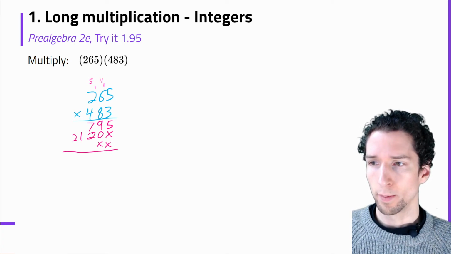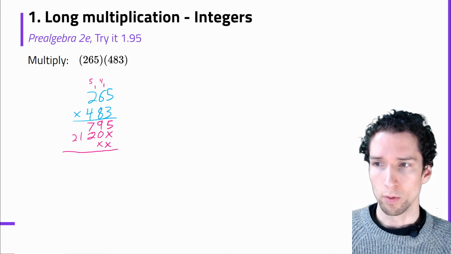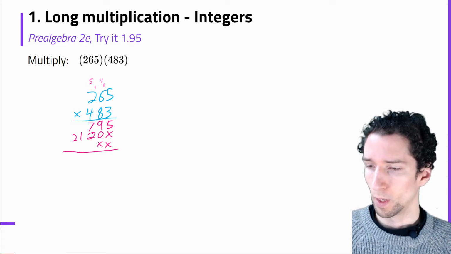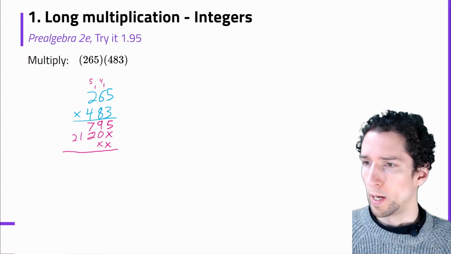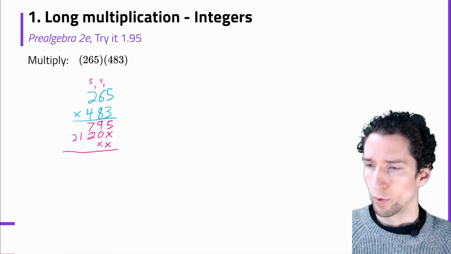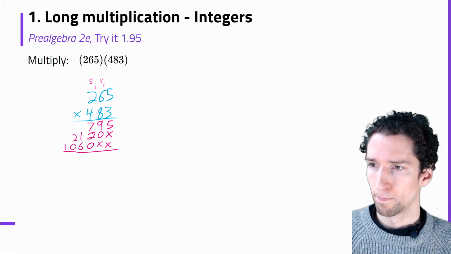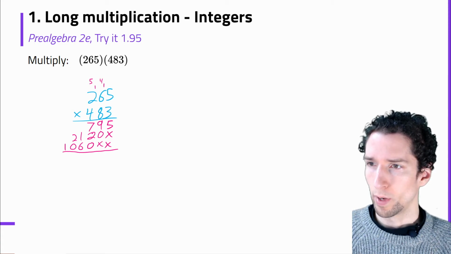So if 8 times this is 2120, then 4 times that same number should be exactly half. And if we can do that easily in our heads, then that's a nice shortcut. So 2,120, half of that would just be 1,060. So let's just verify here. 4 times 5, that's 20, so 0, carry a 2.